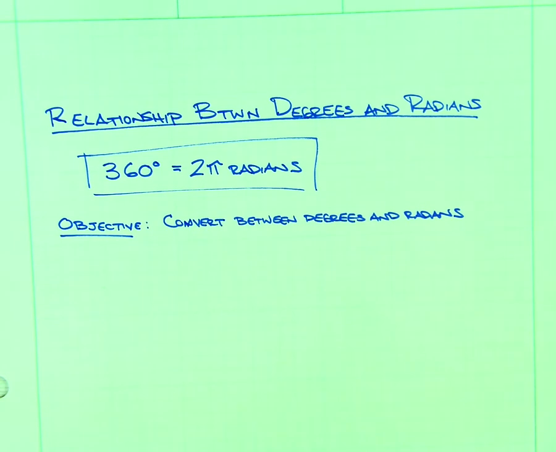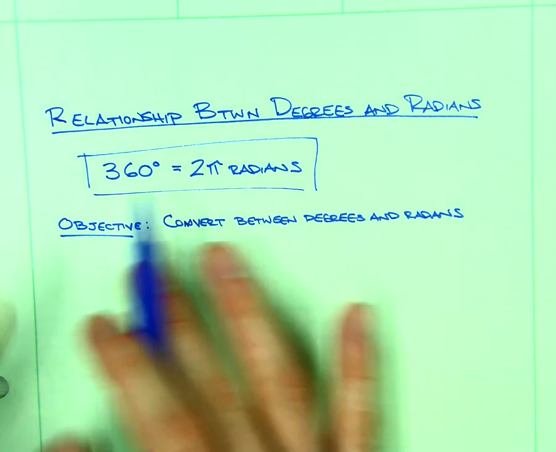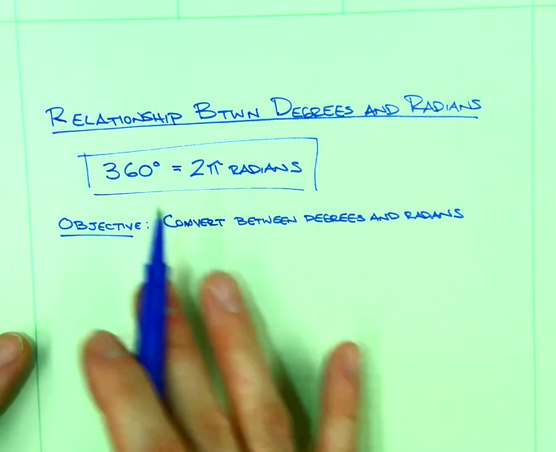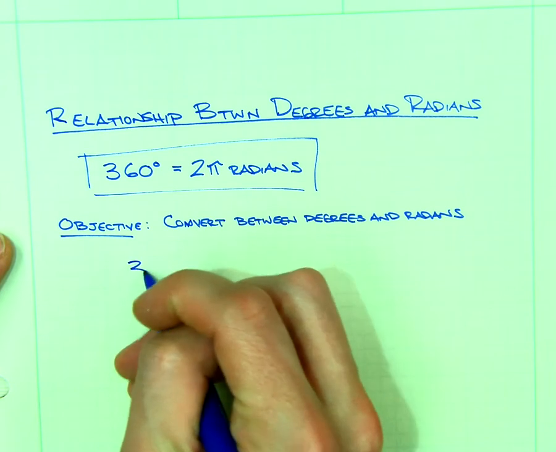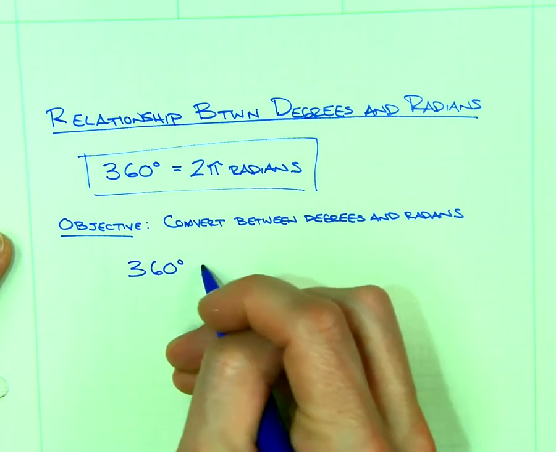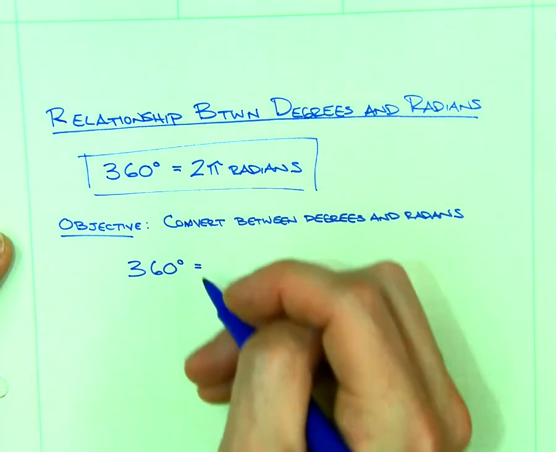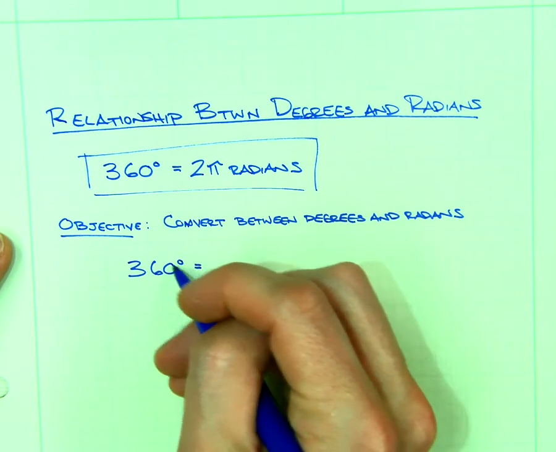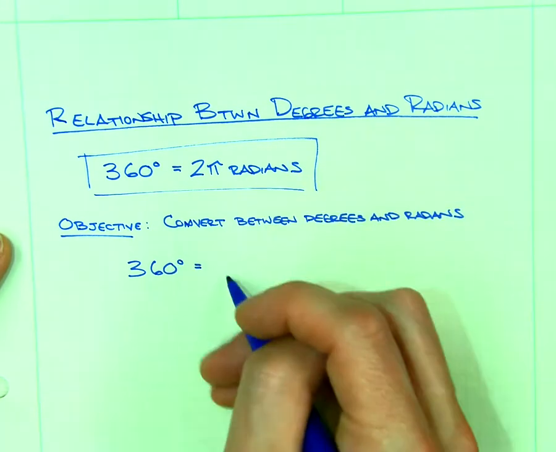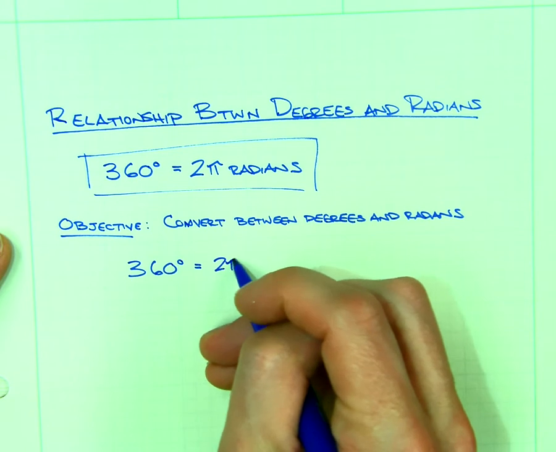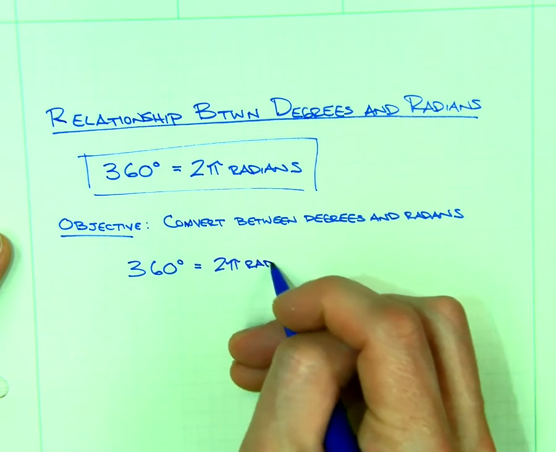Now going back up here to our 360 degrees is equal to 2 pi radians, you can just start rearranging this equation in order to solve for either the degrees or the radians, the actual unit. So in this case, you're solving for this little degree symbol, or you're solving for this radian unit. And of course, radian is also just known as rad, so 2 pi rad.